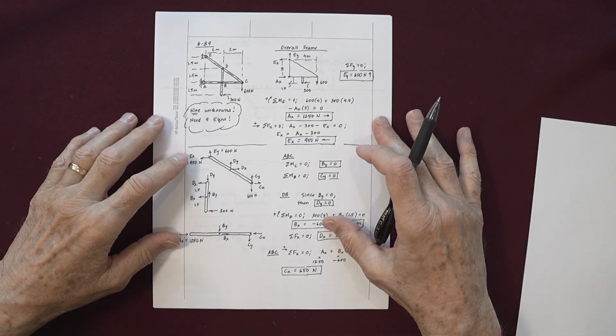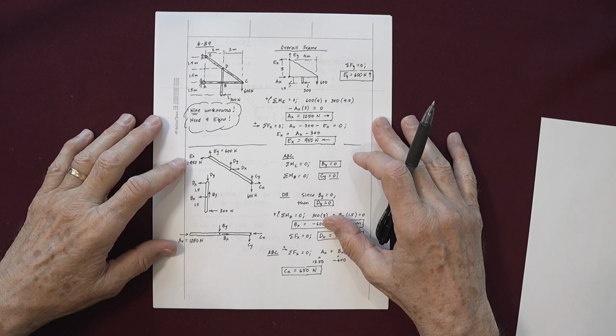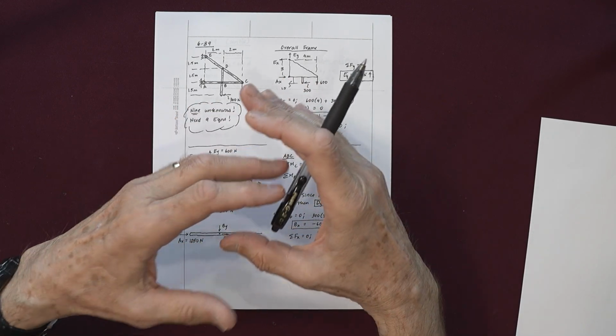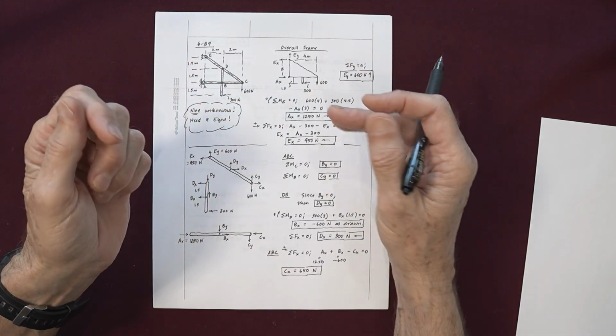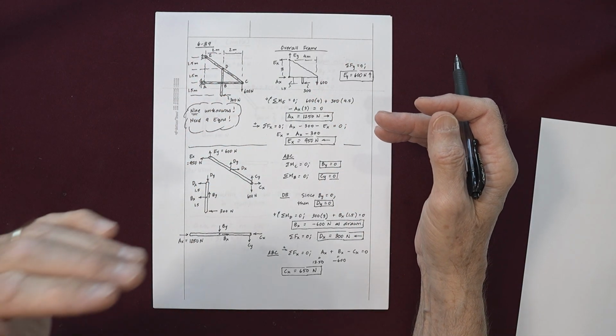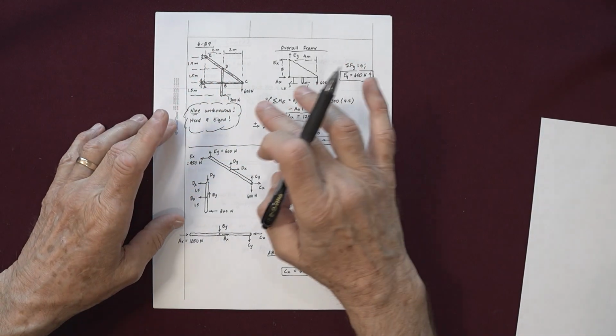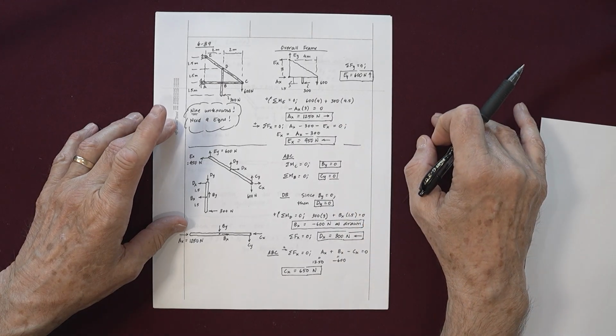Remember, in rigid body equilibrium, I can write up to 3 equations per member or per body. So for a frame made up of multi-force members, I can write up to 3 equations for the overall frame, and then up to 3 equilibrium equations for each piece of the frame.